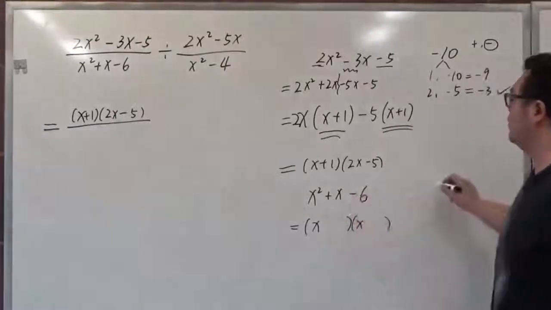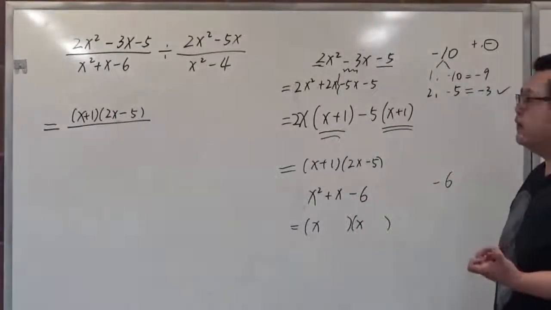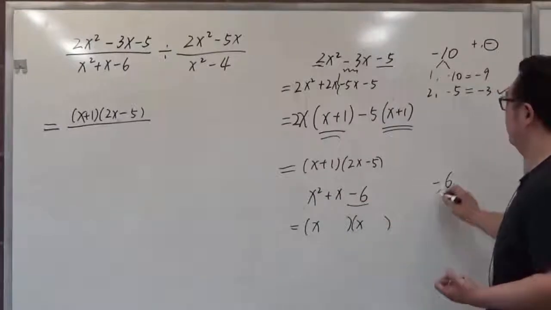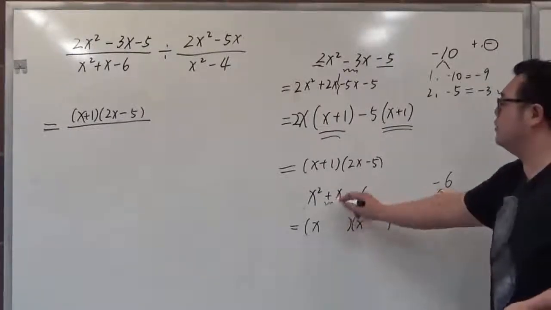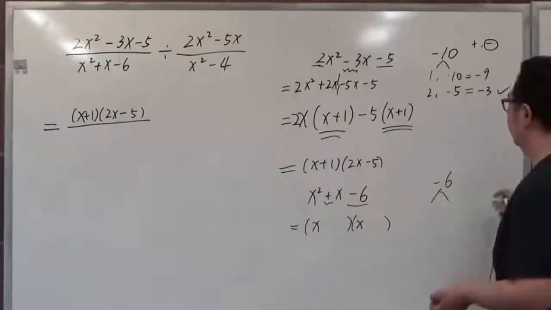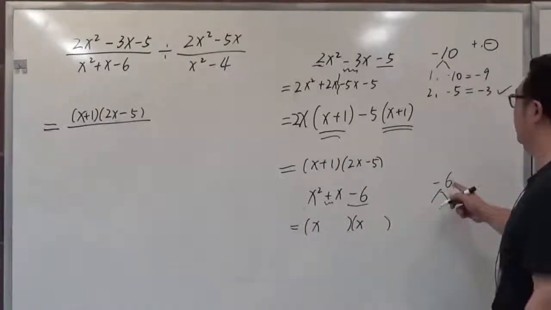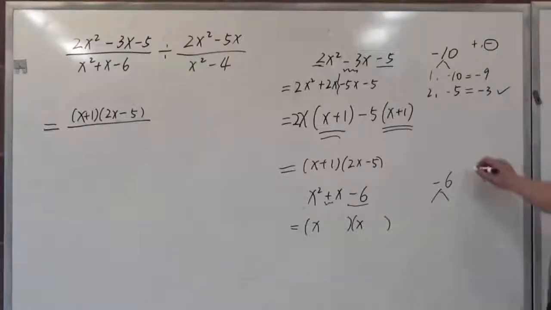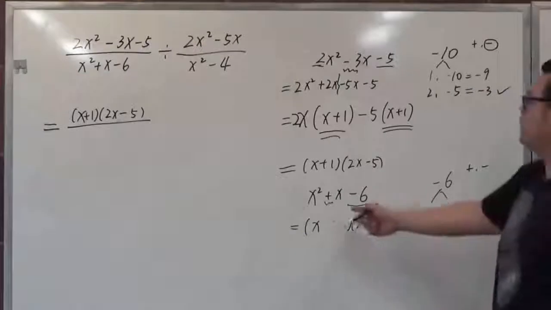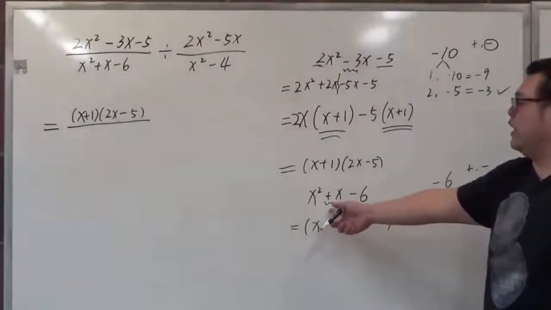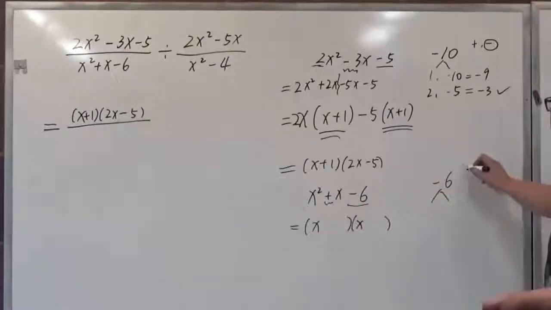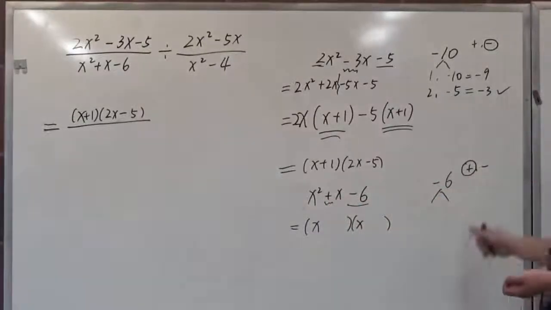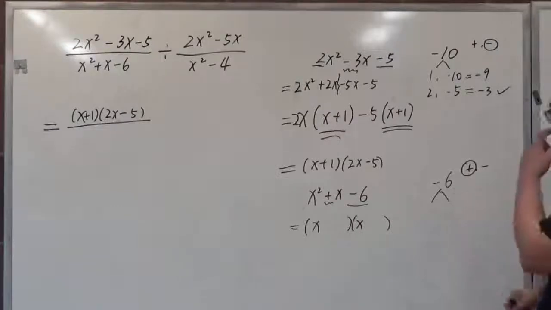What we need to look for is the factors of negative 6, and we want the plus 1 in front of our x. A negative number can be factored into a positive and a negative, but since we have a positive coefficient of x, we need to keep the positive factor as the larger number.